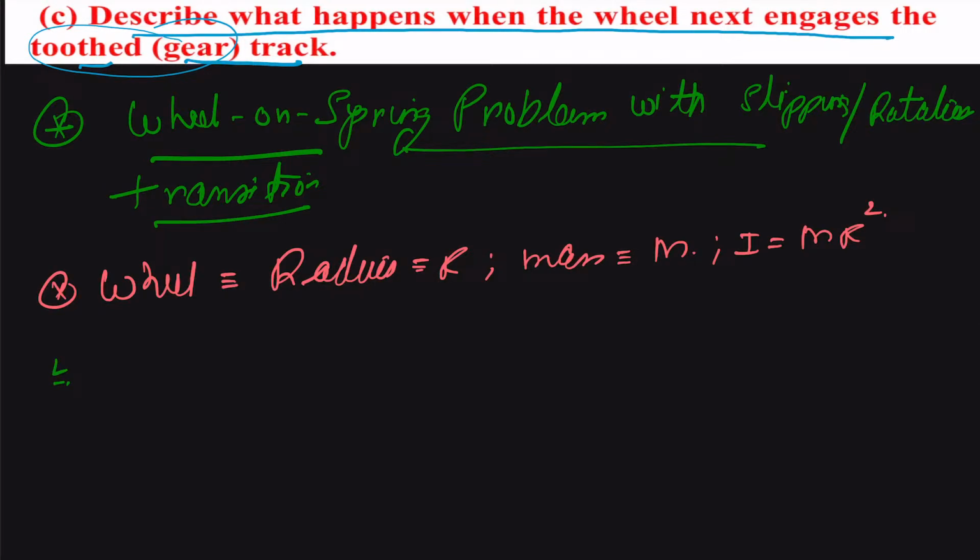First, when x is greater than L, under this condition the wheel slips. So if the wheel is going to slip, there will be only translational kinetic energy.